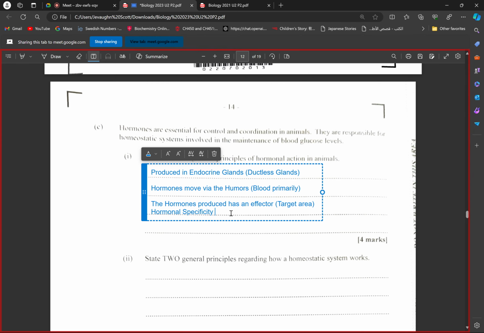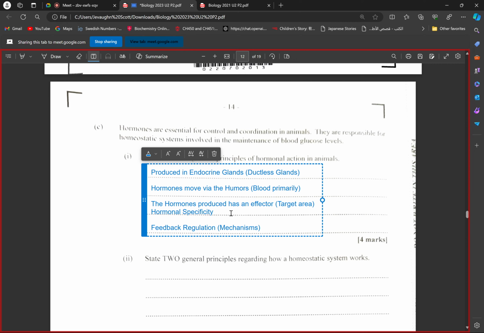I think the target effector specifically will lead into the hormonal specificity. And there's some amount of feedback regulation, or what we call feedback mechanisms, regulation mechanisms, whatever you want to call them.